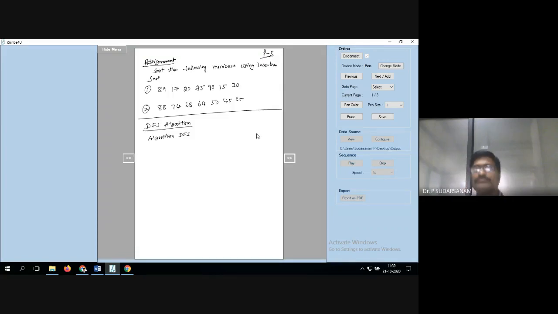For example, this is nothing but the graph, that will be written as G. For this, the input is the graph.